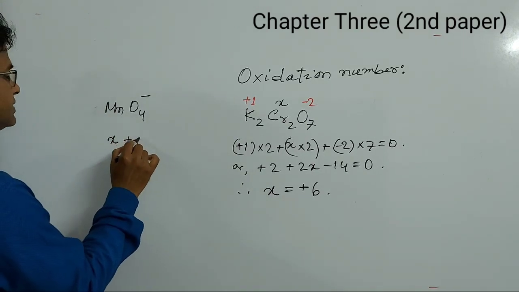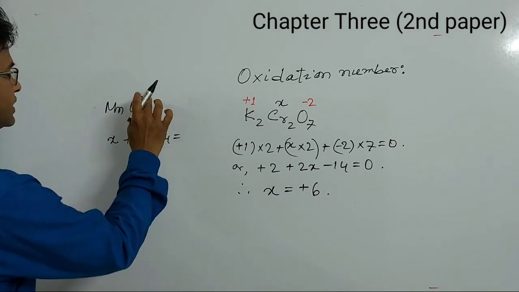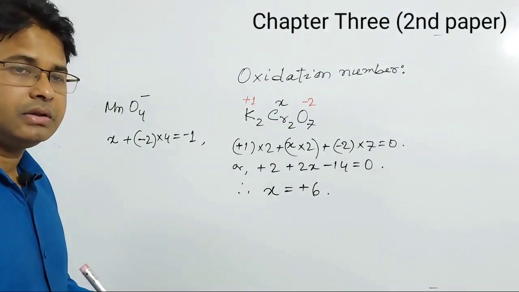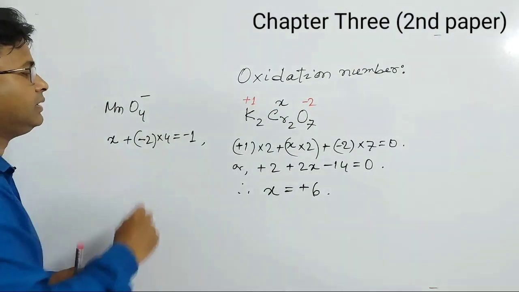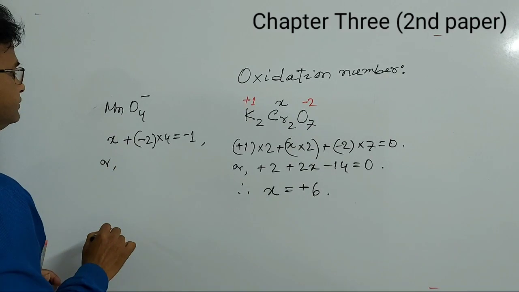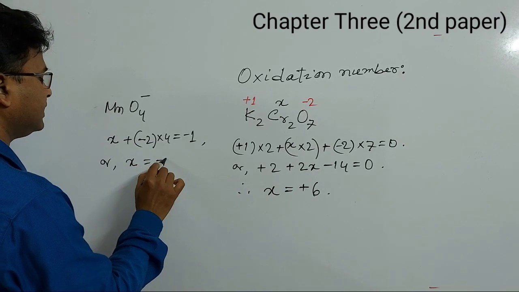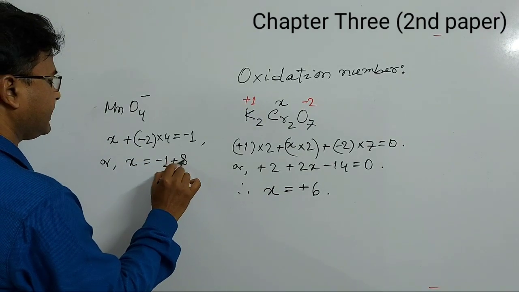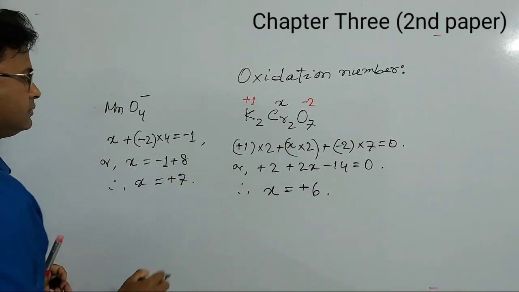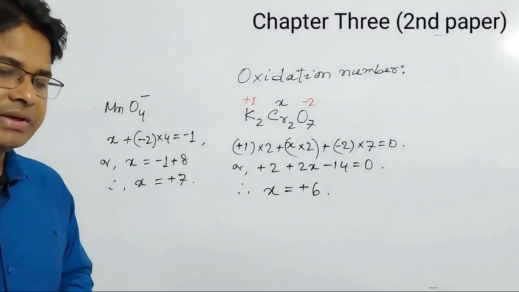So, x plus -2 into 4 is equal to the charge number. In case of an ion, the sum of the oxidation numbers will be the charge number. x is equal to -1 plus 8. So, x is equal to +7. Dear students, that's all about the oxidation number.